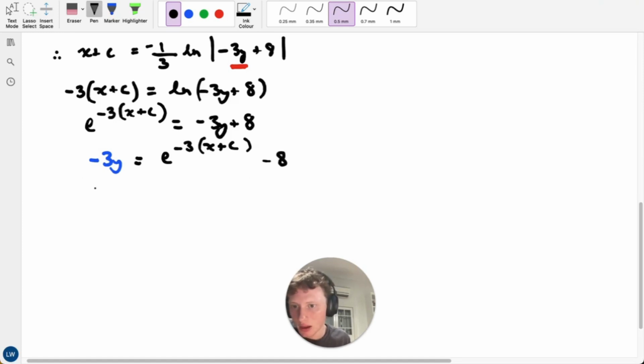Alrighty, and now I'm at the stage where I can divide everything by -3, which the negative will flip the sign on these. So instead of being e minus 8, it'll become 8 minus e.